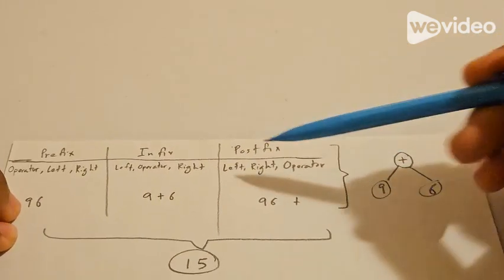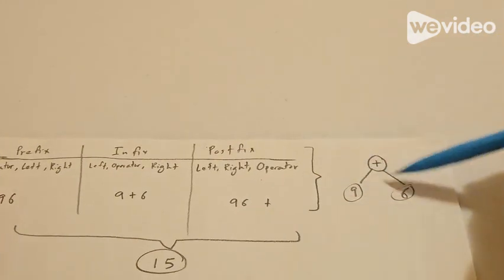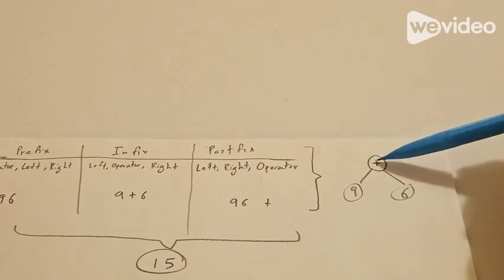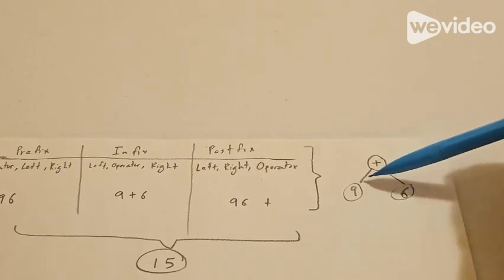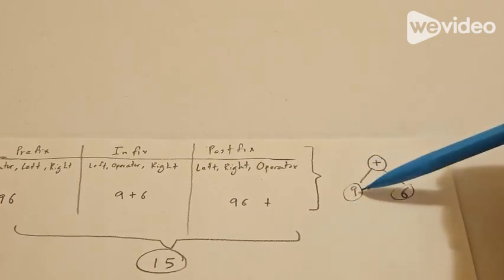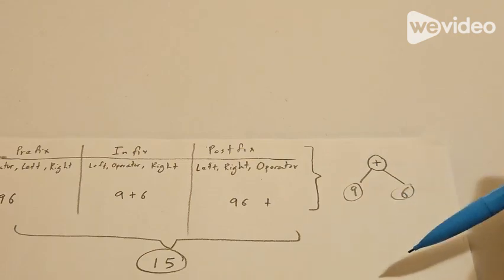Taking the previous expression of 9 plus 6, you have a simple binary expression tree where you have the root node of the plus, and there are no inner nodes, as there's just a 9 and 6 as leaf nodes.